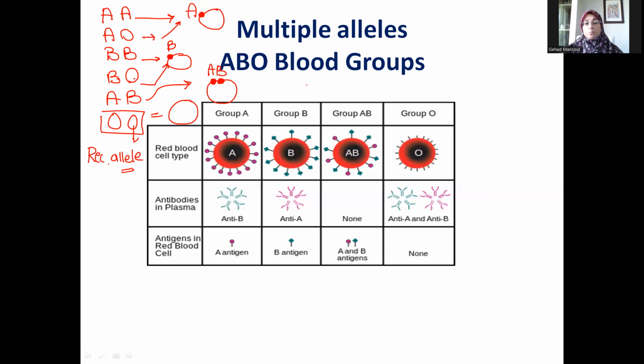So actually, blood grouping is an example of multiple alleles. This is the first inheritance case.